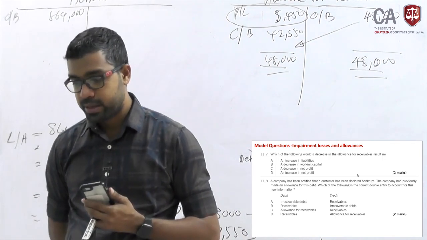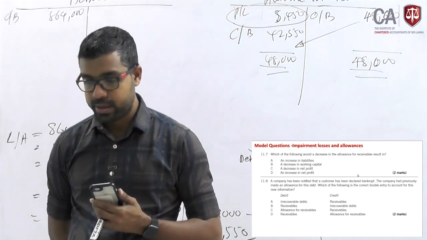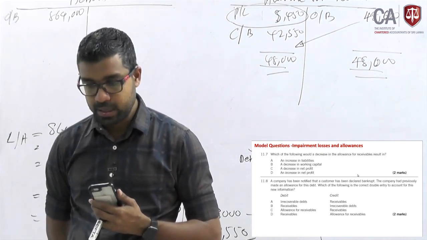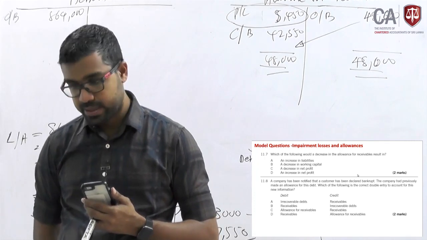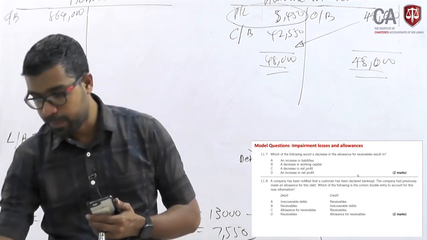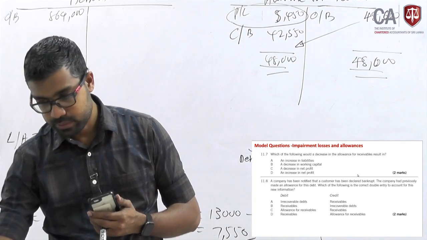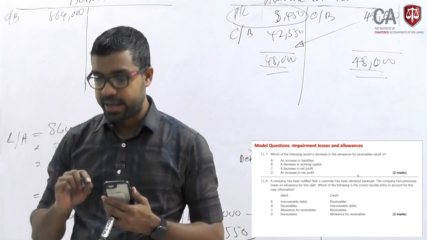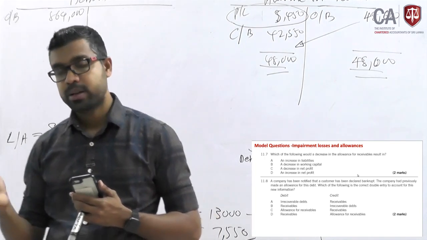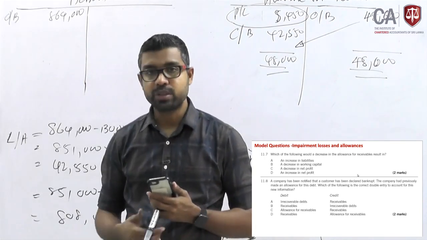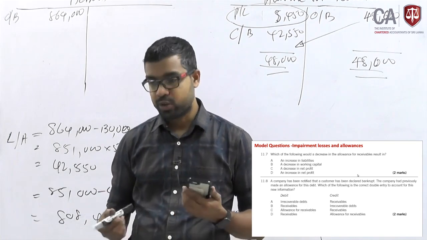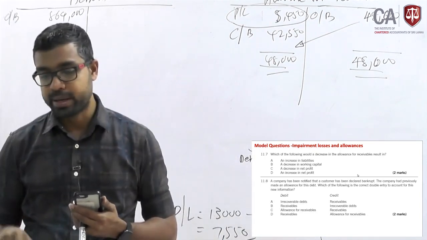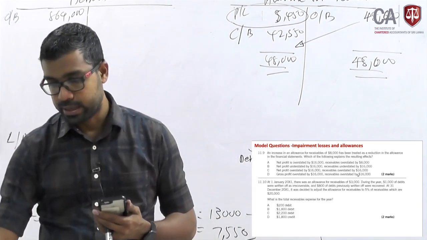Loss allowance debit, receivable credit. The correct answer will be A. Irrecoverable debt will be debit and the receivable credit. Why? Because it is an impairment, so the double entry should be irrecoverable debt, impairment account debit, receivable credit.